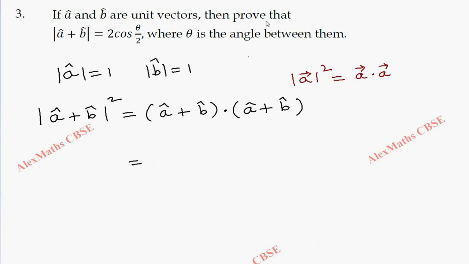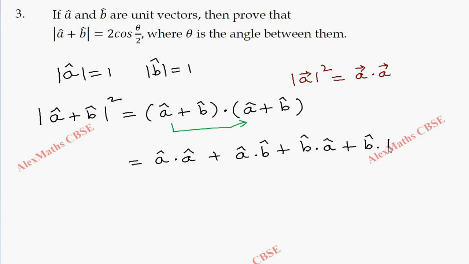Now let's expand this by multiplying each term with the other two terms. This becomes a cap dot a cap plus a cap dot b cap plus again b cap dot a cap and b cap dot b cap. Once again, applying this property in the reverse way, when two vectors are connected with dot product, that can be written as the square of its magnitude value.